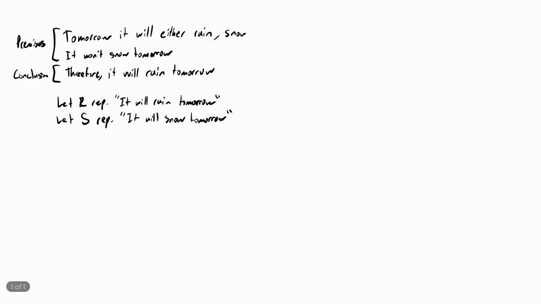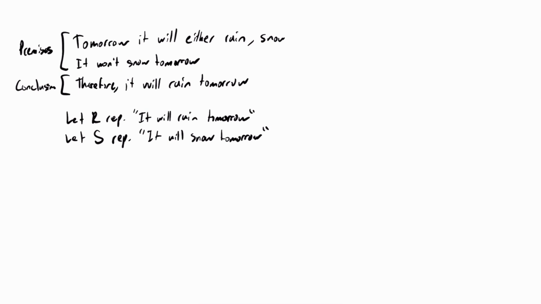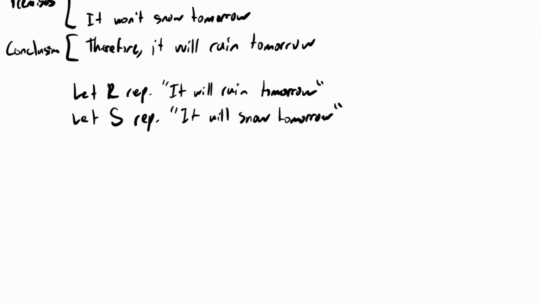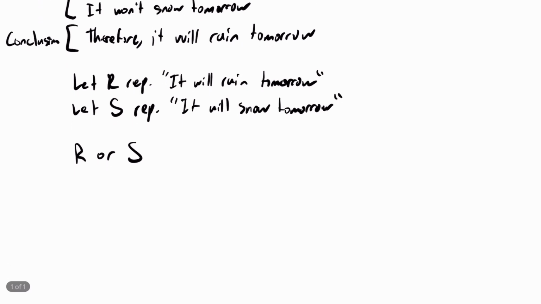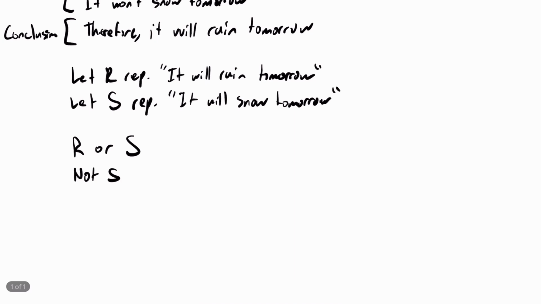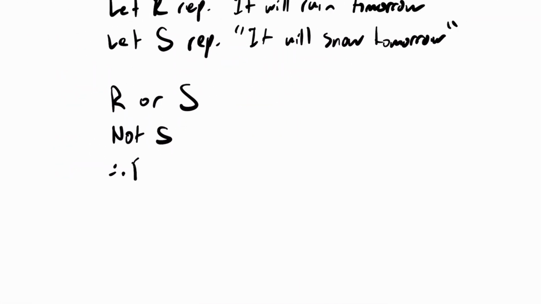Now we can rewrite this premise conclusion, this deductive reasoning example here. We can represent it as R or S, right? And not S. Therefore, remember the 3 dots means therefore, R.